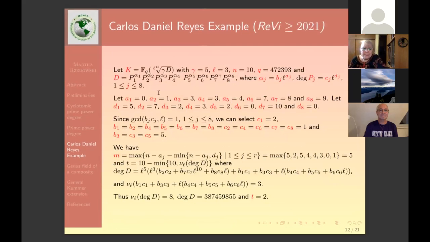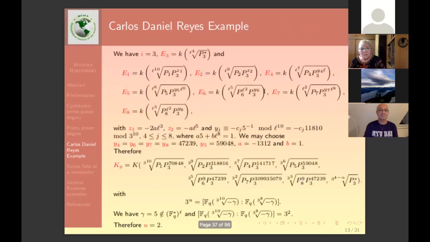And these things, some are given and some others are calculated. We have the M that we were talking about, which is equal to 5, I think, because I cannot see it now. And T is equal to 2. And then the I that I was mentioning before happens to be 3 in this case, and the E_I is this one.